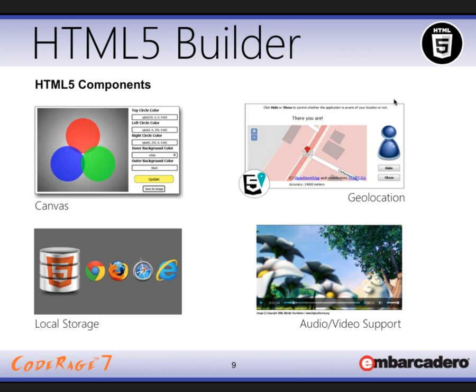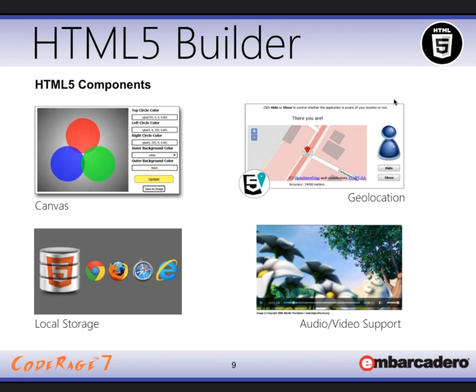Most browsers range between 5 to 10 megabytes of local storage that are available, and it's a really good way of being able to build an application that needs some storage capabilities but doesn't have to be connected to a full-fledged database. Now, talking a little bit more about what we've done on the component side, we've created 3 key new components, the canvas component, geolocation component, and then the media component.